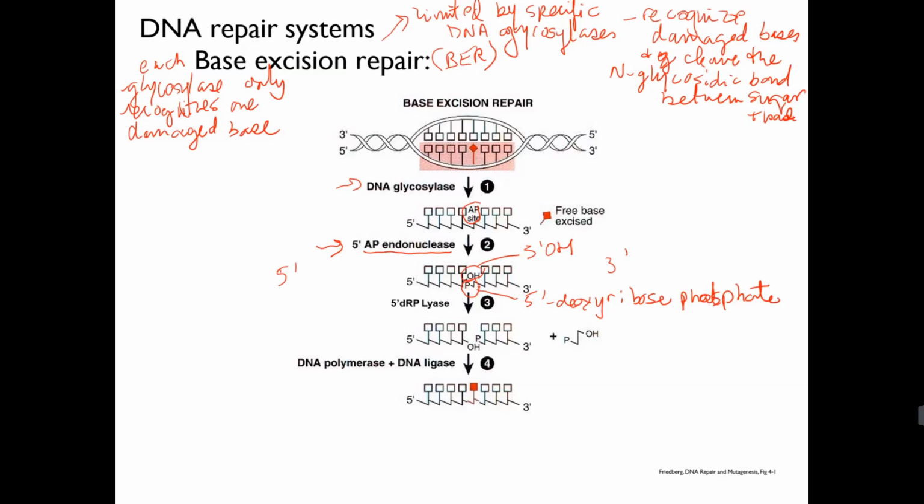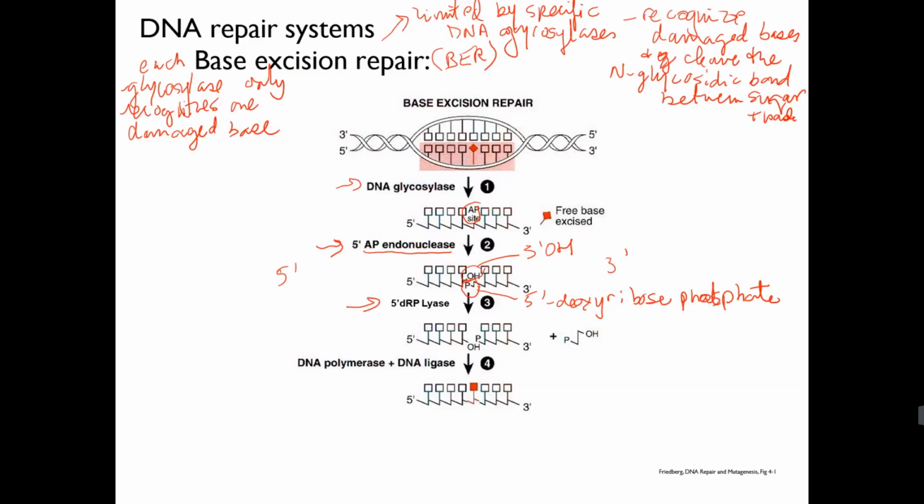So what happens at stage number 3 is that we need an enzyme that will remove the 5' deoxyribose phosphate. And this is performed by an enzyme with a 5' DRP lyase activity. Okay, so it's represented here.